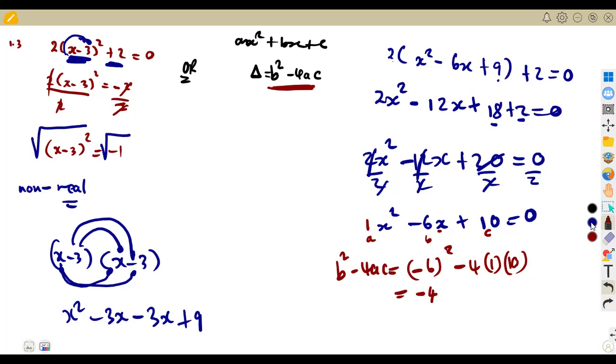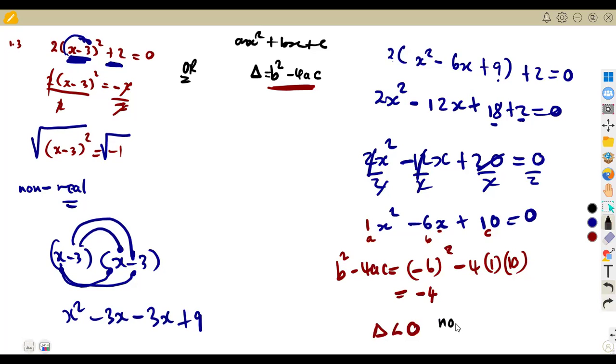So we know that if our discriminant, which is the nature of root, is less than 0, that means we are talking about values that do not exist. Remember your conditions. When it is greater than 0, we've got solutions. When it is greater than or equal to 0, they are now perfect solutions. So on this one, if the discriminant is less than 0 like this, it means there are no real roots in this case, all right?